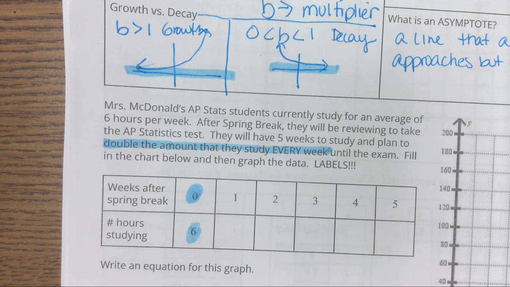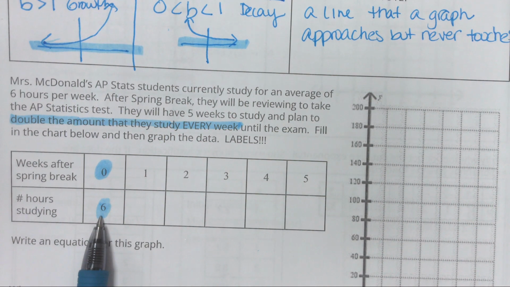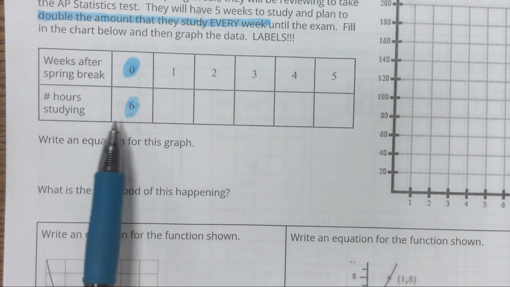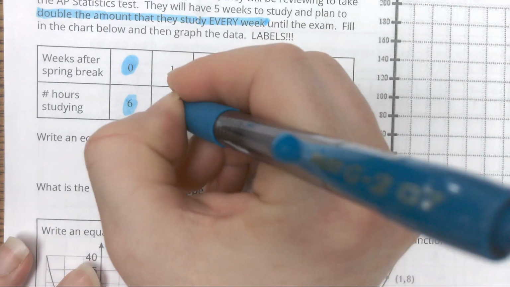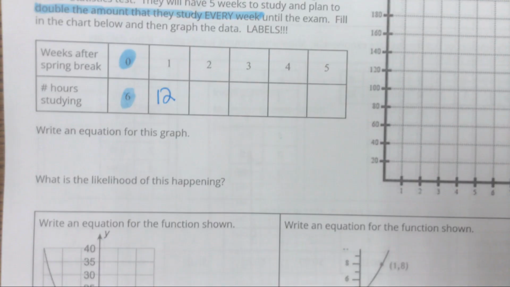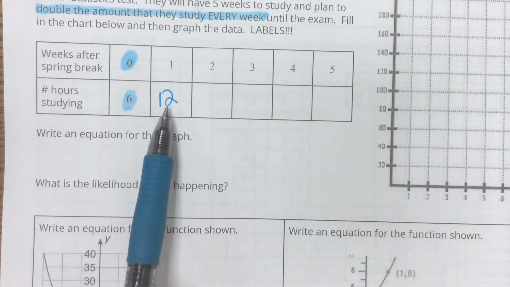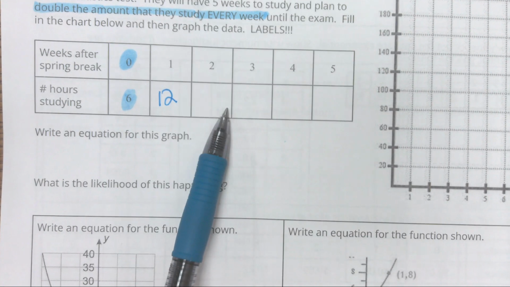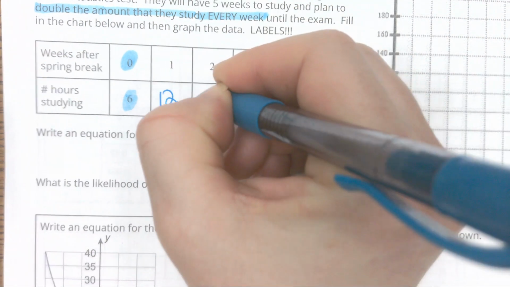Are you ready? Let's fill in the table. So right now, they're studying 6 hours. Would you multiply that by 2? What do you get? 12. Whoa, already after week 1, I guess that's not so bad because it's for the whole week. At week 2, where would they be? 24. 12 times 2 is 24.